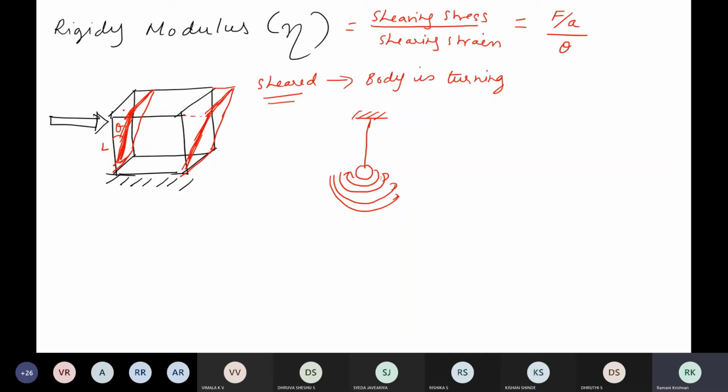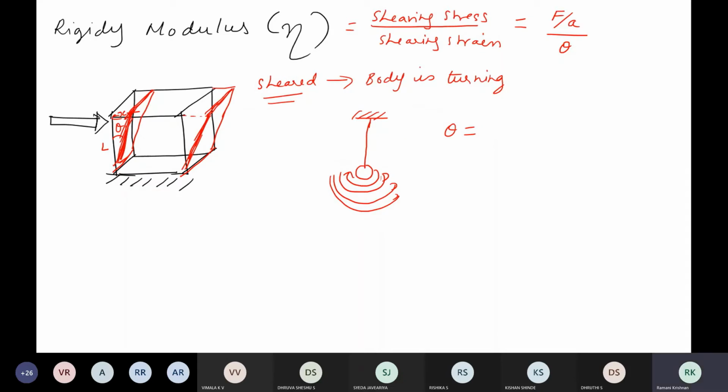Now let the distance through which it is moved be x. Then what is theta? Students, for theta what can I write?